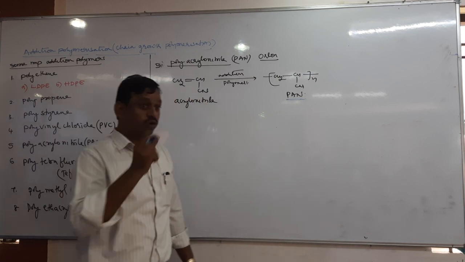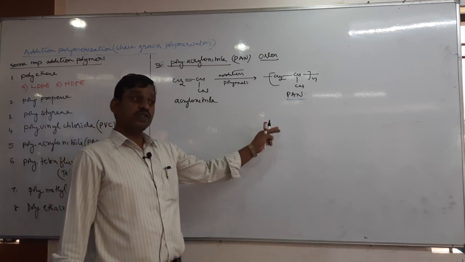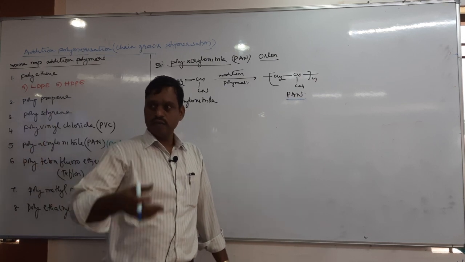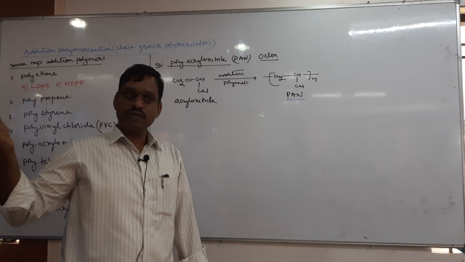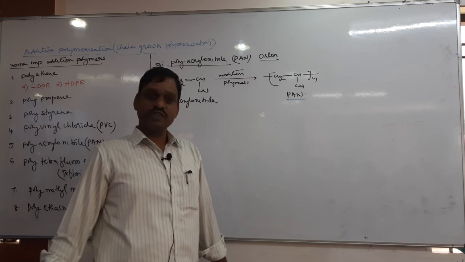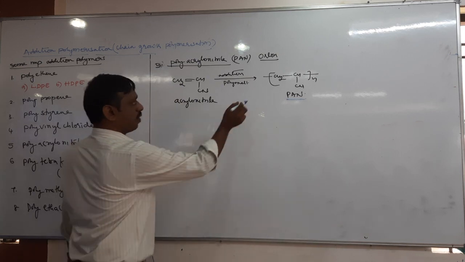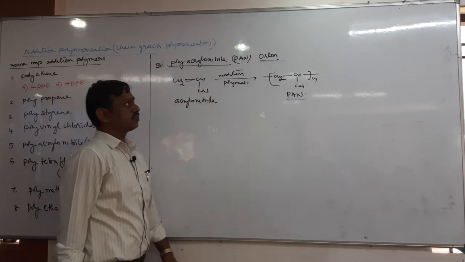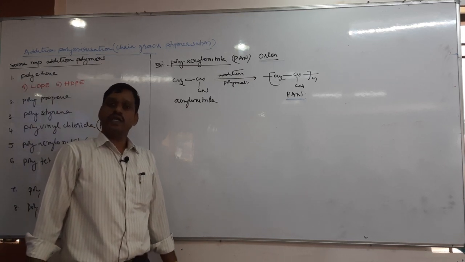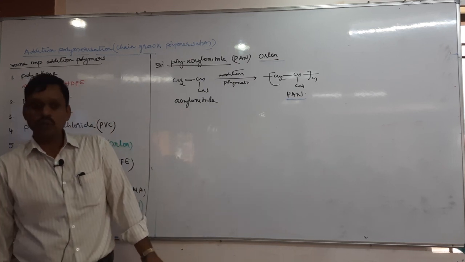That's why the substitute for natural wool is this PAN. So this is also called a substitute for wool. You know what is the use of this wool? Making, yeah, in winter season, sweaters and all, etc. It is also called Orlon, comma. It is a substituent for wool.